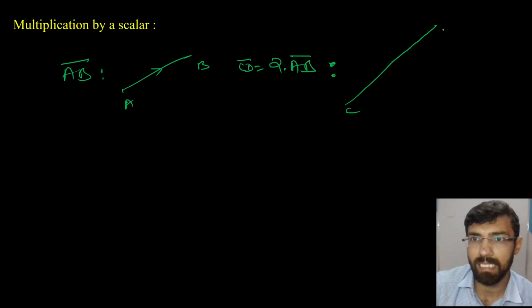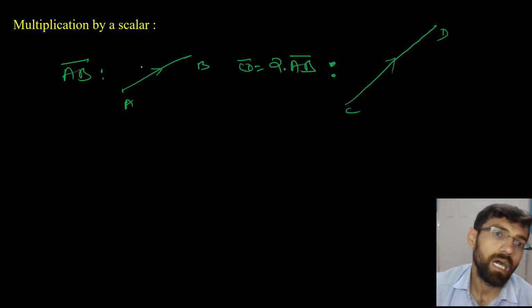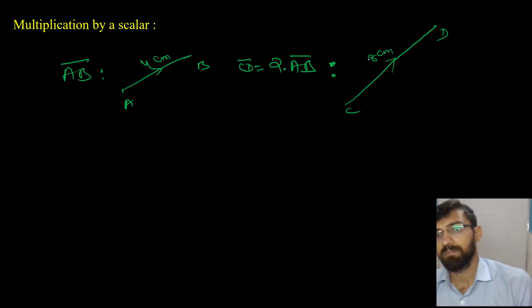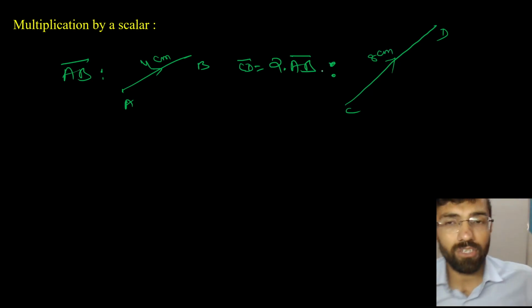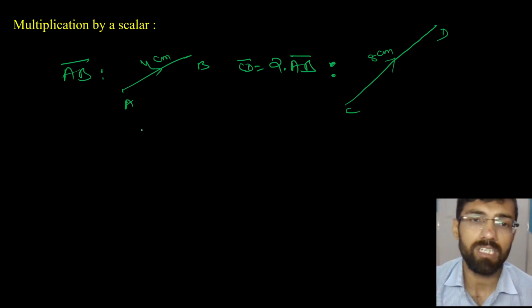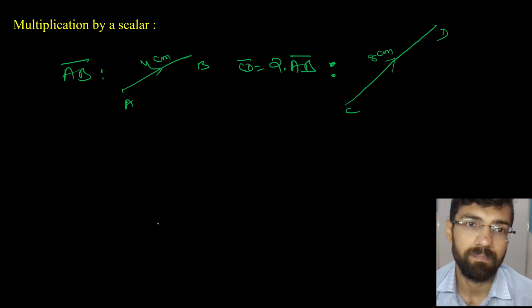See, lengthwise I doubled it. If the length is 4 units or 4 centimeters here, the length is 8 centimeters or 8 units. Direction or inclination-wise, both are the same. AB and CD, I have not changed direction. So CD vector is double the AB vector means lengthwise it is doubled.